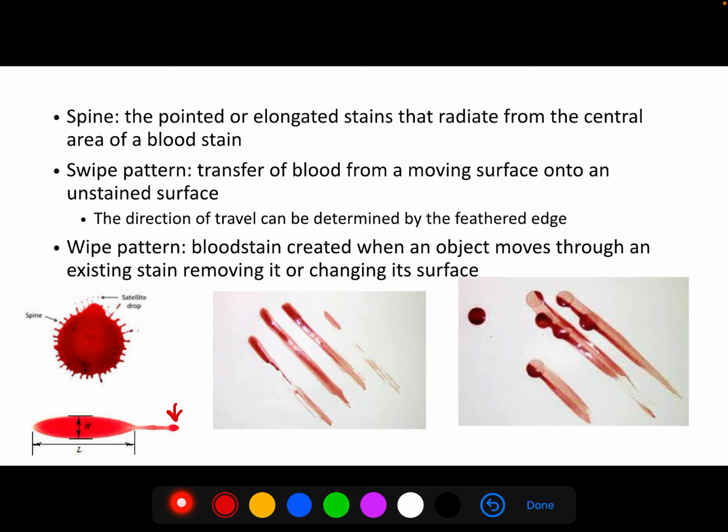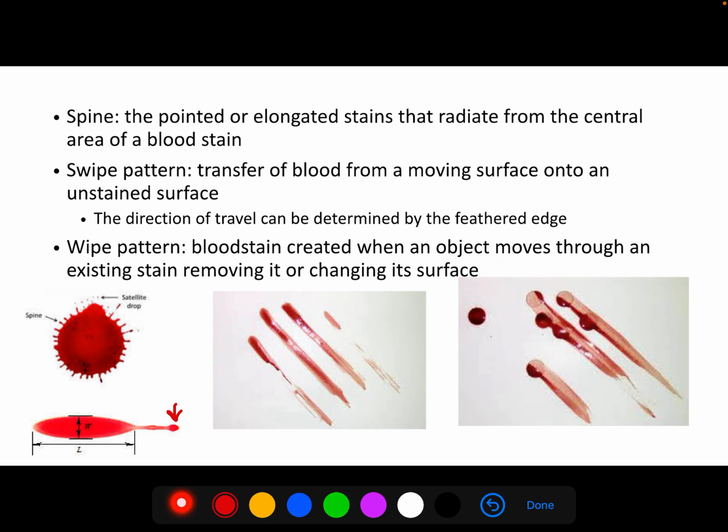And then with contact stains, we can have wipe patterns and swipe patterns. Swipe patterns are a transfer of blood from a moving surface onto an unstained surface. And this would be where someone has blood on their hands and they wipe it down the wall. That is considered a swipe pattern, where you have a dirty surface coming into contact with a clean surface and there is movement.